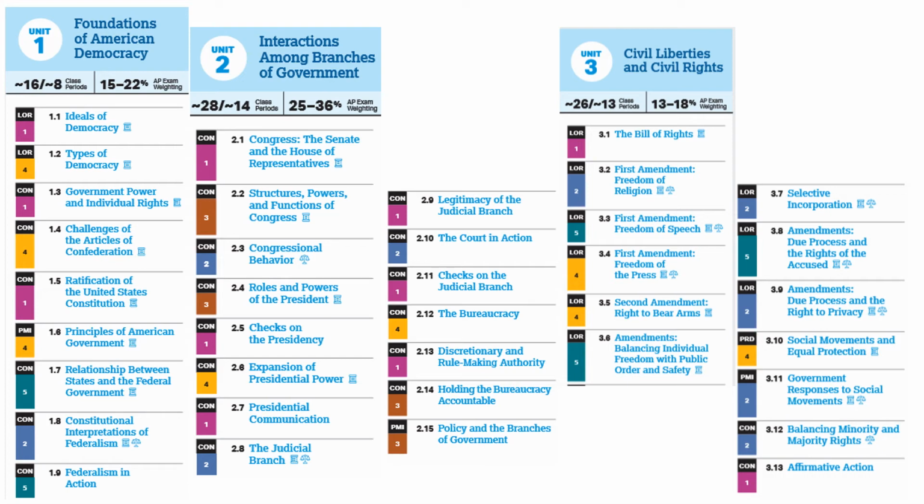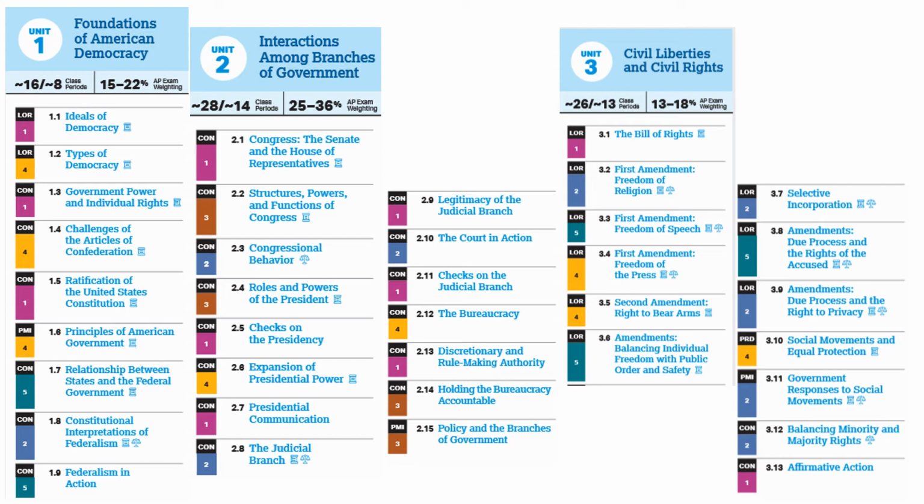Unit 2, Congress, how Congress is structured, what it does, what powers it has, how congressmen and women behave. Same thing for the president, roles and powers, how the presidency has checks on it, how the presidential power has expanded, and how they communicate.